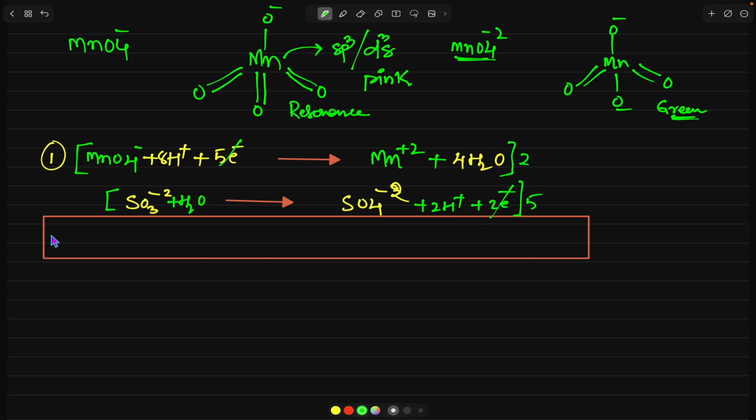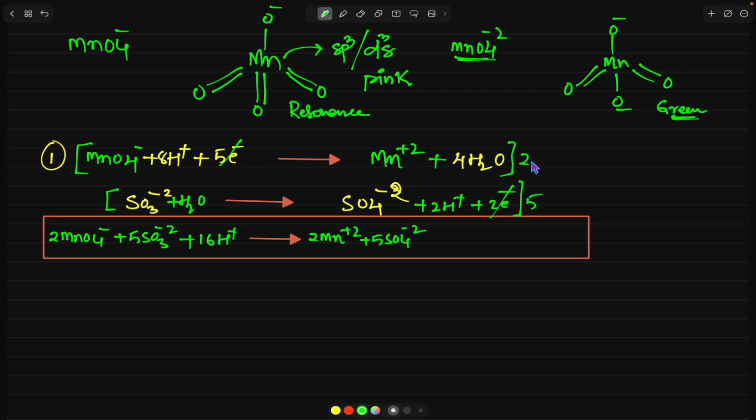So you will get 2 moles of MnO4 minus plus 5 moles of SO3 minus 2 plus 16 H plus, which gives us 2 moles of Mn plus 2, 5 moles of SO4 minus 2, right?